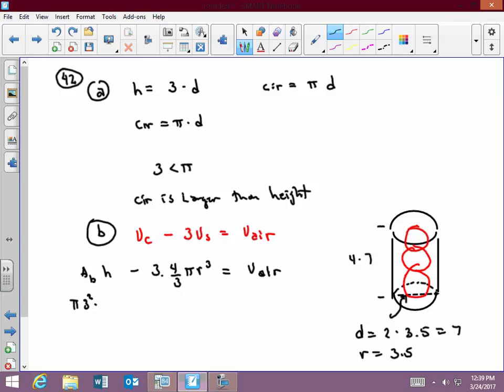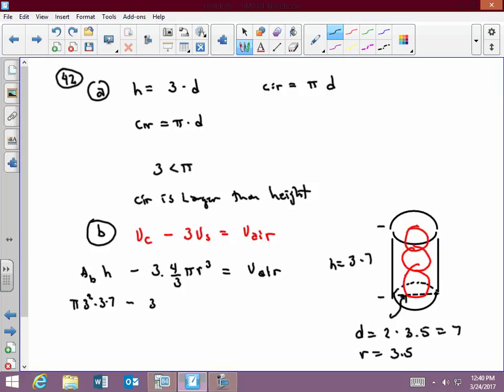Each ball's diameter is 7. So radius is 3.5. No, it's 3. What am I? I'm putting 3 balls in there. It's 3 times the diameter of the balls. So that'd be the height. Correct? Mm-hmm. 3 times 7. No.